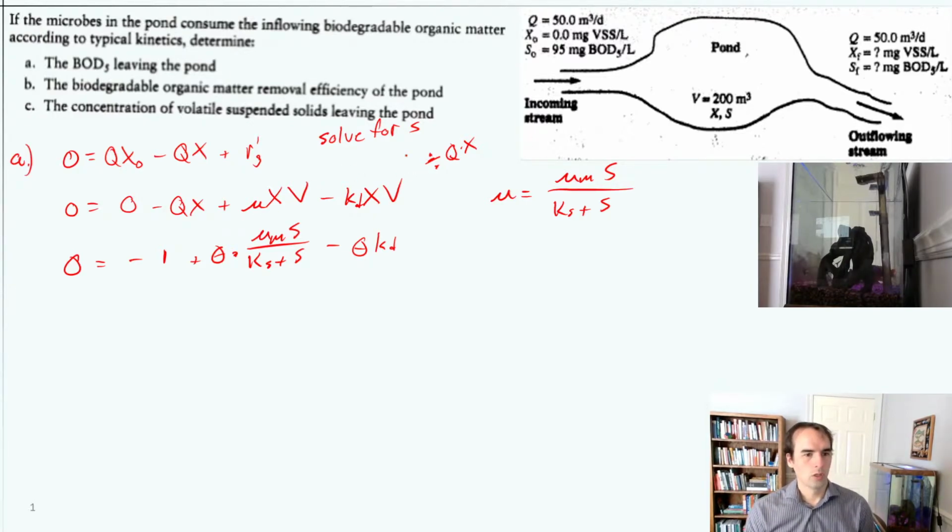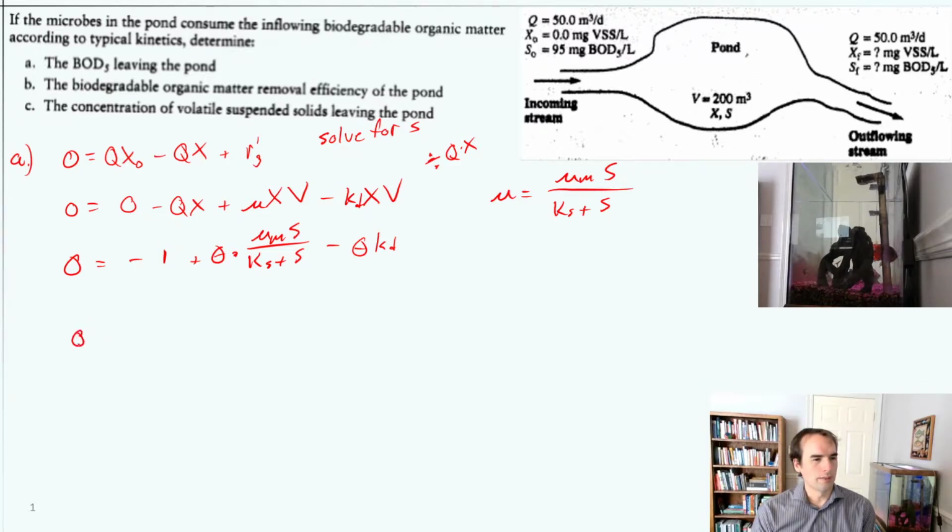Okay, so hopefully that makes sense now that I've spelled it out a little more clearly. From here, it's really just a matter of arranging the equation so that we can solve for S. So I'll separate terms so that we have the mu max term by itself and the other terms on the other side.